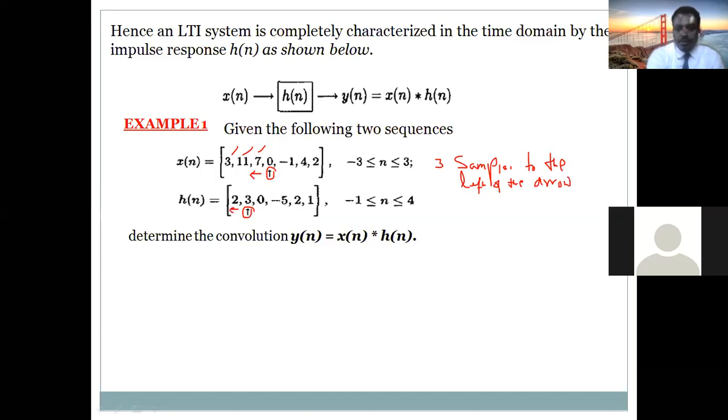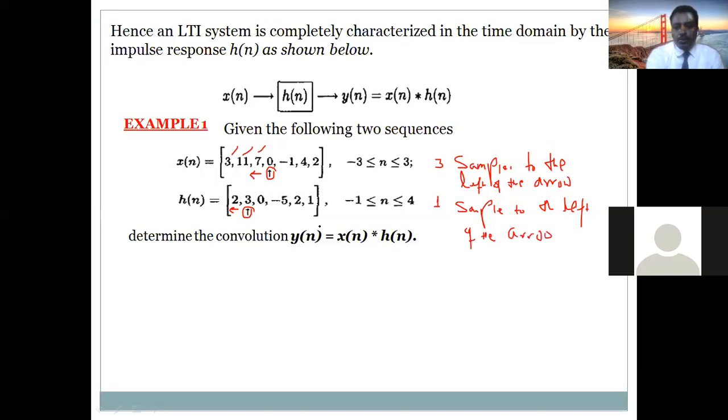Only 1 sample. For impulse response, we have only 1 sample to the left of the arrow. This is for the impulse response.